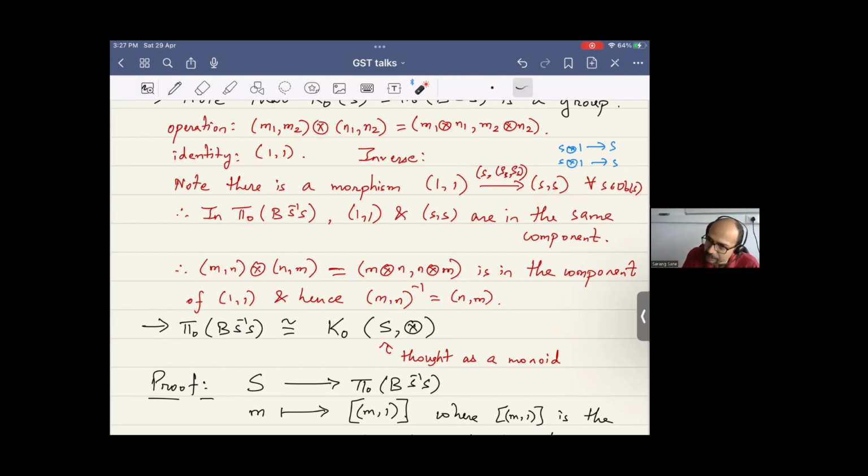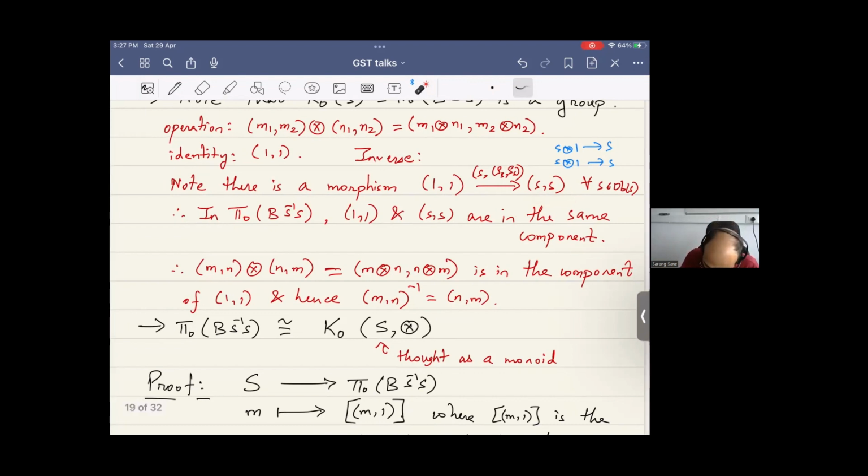And then it's easy to do, because we have assumed this is a symmetric monoidal category. So if you take (m, n) tensor (n, m), then this is just (m tensor n, n tensor m).